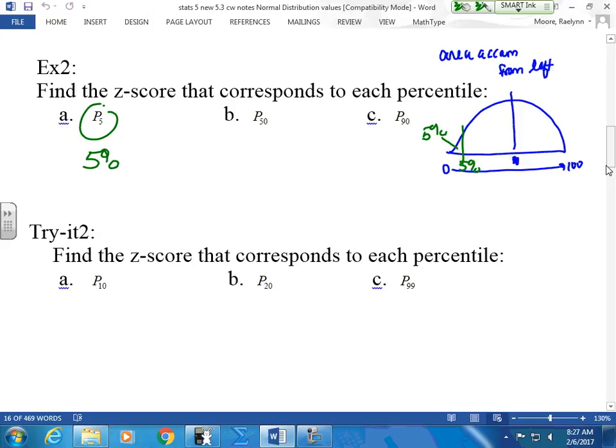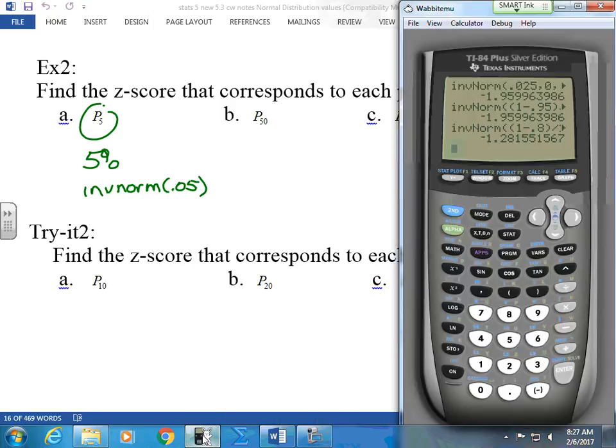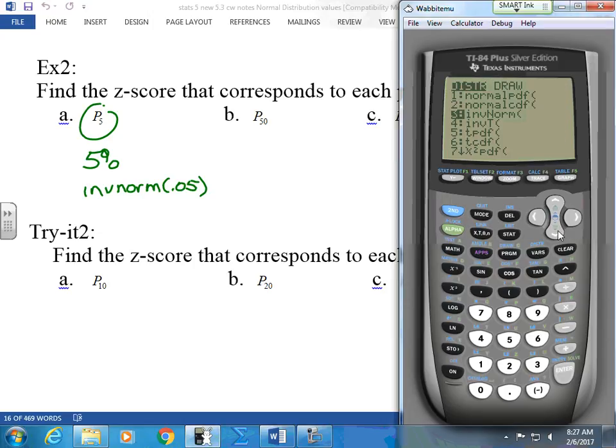So I find out what my z-score is. I do an inverse norm on 5%. And if you want to, you can always look it up in your table. Remember, your inverse norms have to be decimals. You have to be able to just move the decimal 2 places back and forth. Percent to decimal, move it to the left.